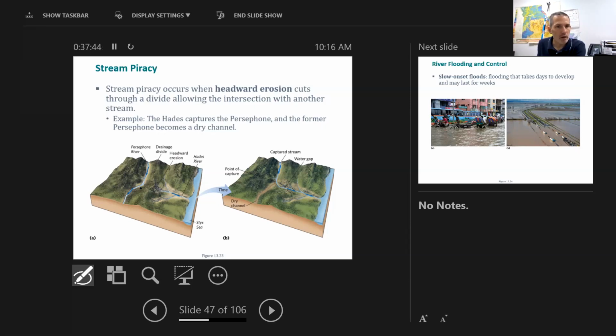And so eventually what can happen is this river's headward erosion can actually start to break through this drainage divide and capture this portion of the drainage divide. And so over time, we no longer have water in this region. The water is all going in this direction here.